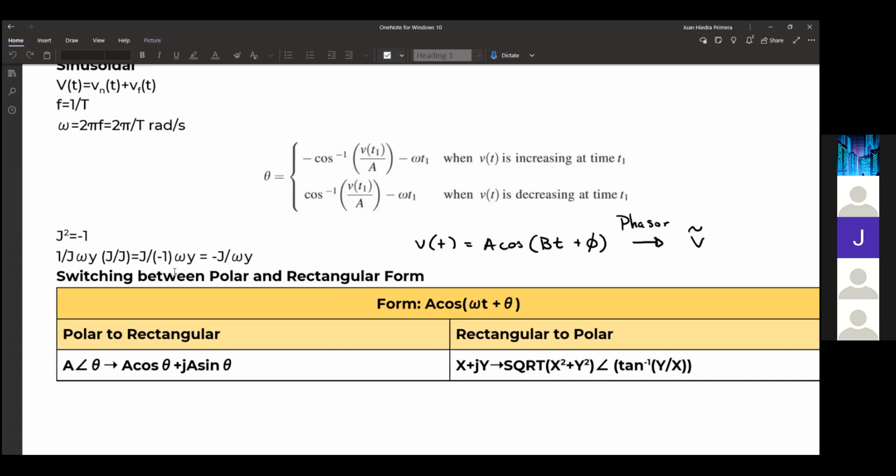You end up with V equals A angle phi. That's simply saying an amplitude of A phase shifted by that amount. As well, you can represent it as A times e to the j phi, where j is the imaginary constant.